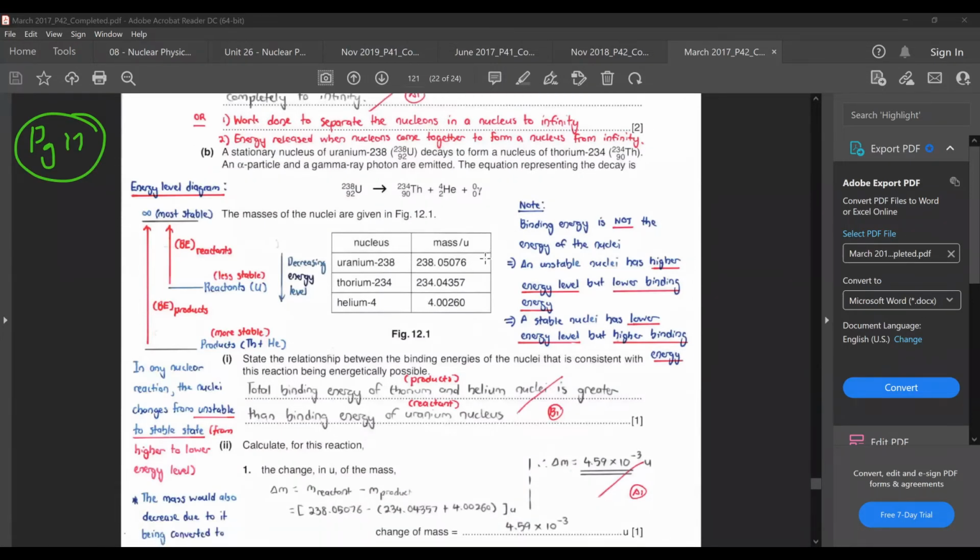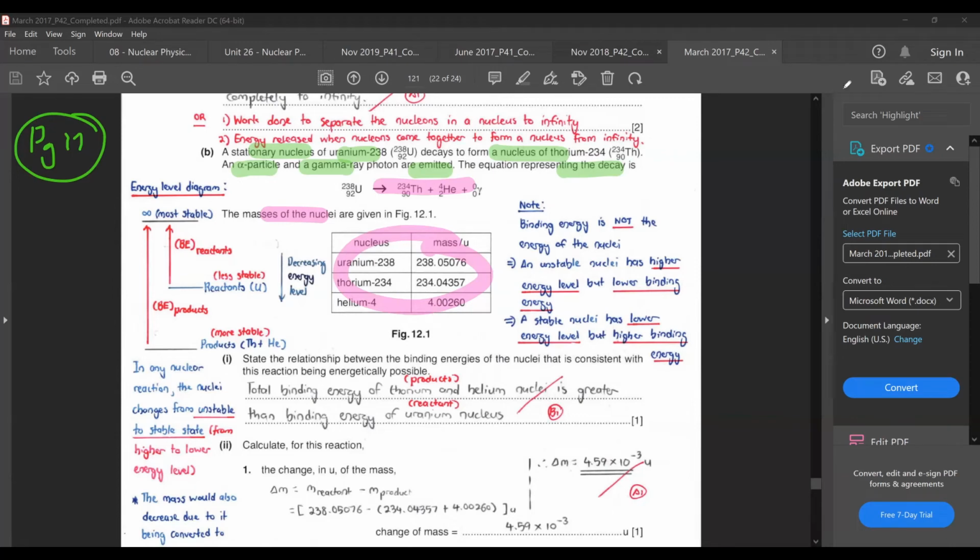Part B, this one's slightly different. They tell you that you have a stationary nucleus of uranium-238 that decays to form a nucleus of thorium-234, and an alpha particle and a gamma ray photon are emitted. The equation representing the decay is shown over here. The masses of the nuclei are given in this table.